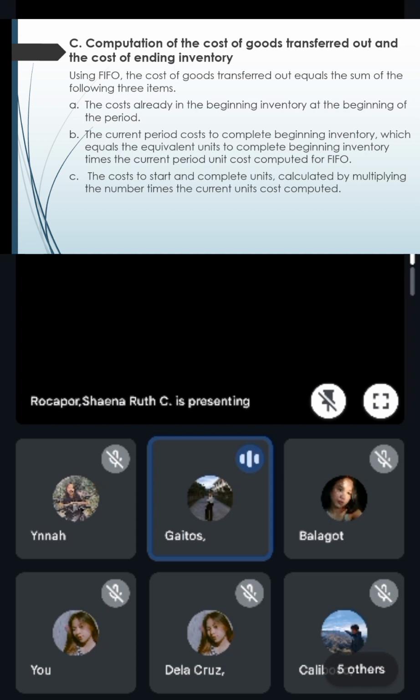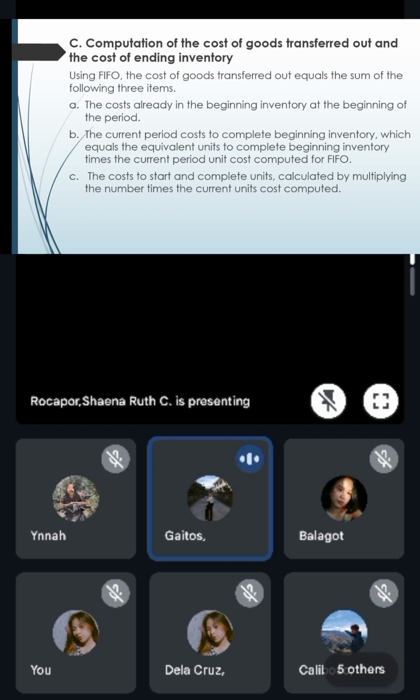B. The current period cost to complete beginning inventory, which equals the equivalent units to complete beginning inventory times the current period unit cost computed for FIFO. C. The cost to start and complete units, calculated by multiplying the number times the current unit cost computed.